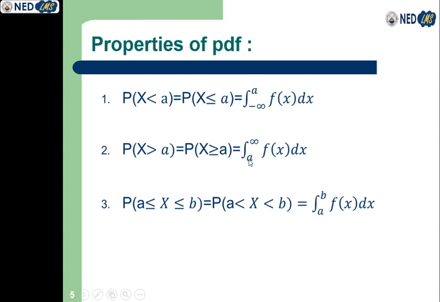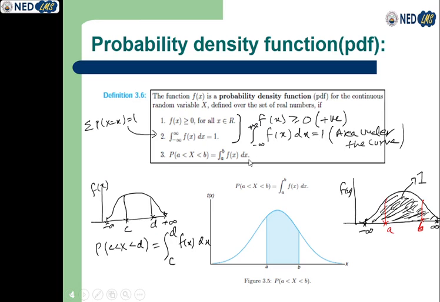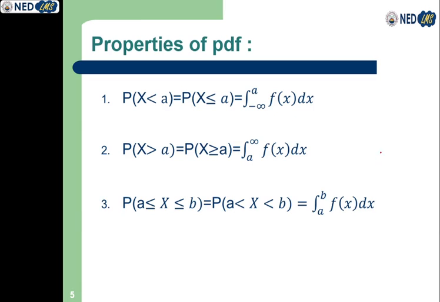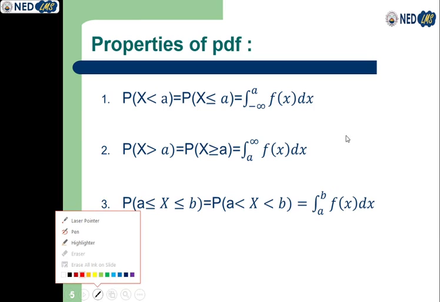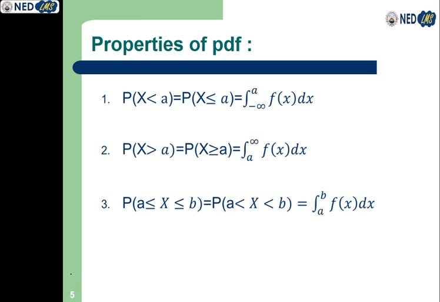So greater than or equal to a stands for a to infinity. We are going to integrate from a to infinity. So this is what we call the probability from a to infinity. See in a small graph: this is the curve, this is a, and this is plus infinity.